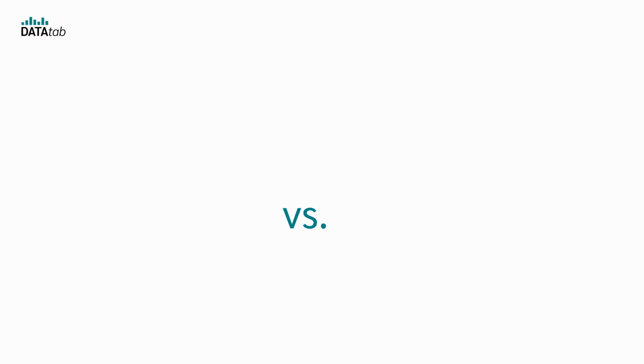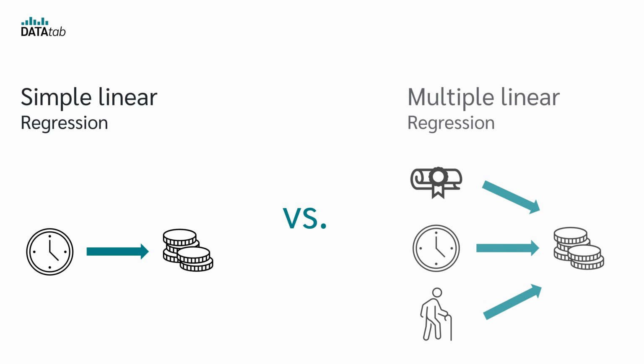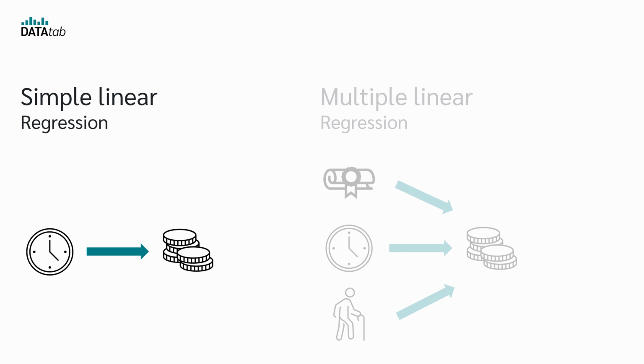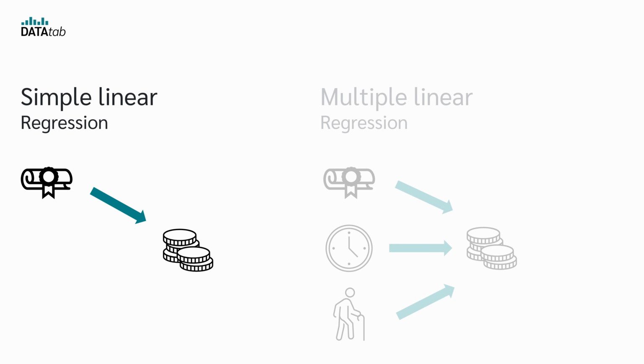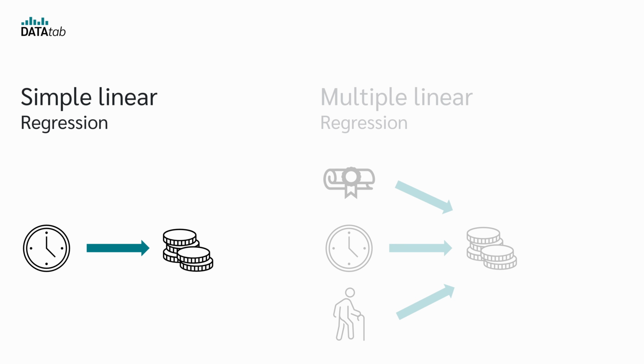But what is the difference between a simple linear and a multiple linear regression? As we know from the previous video, in simple linear regression, we use just one independent variable to predict the dependent variable. For example, if we want to predict a person's salary, we use either if a person has studied or not, the weekly working hours, or the age of a person.